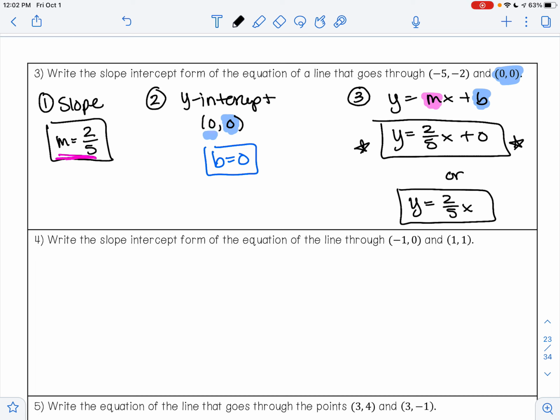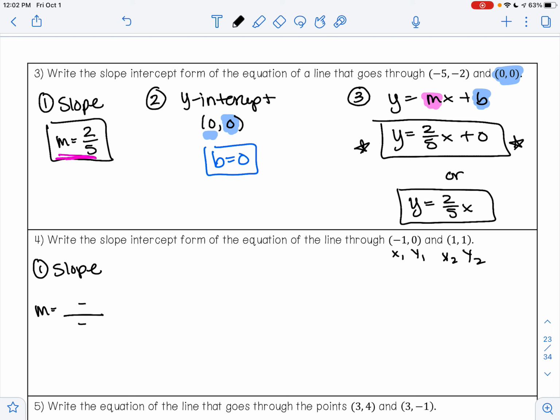On example 4, it says write the slope-intercept form of the equation of the line through the points -1, 0, and 1, 1. So step 1 is I'm going to find my slope. So I have x1, y1, x2, and y2.